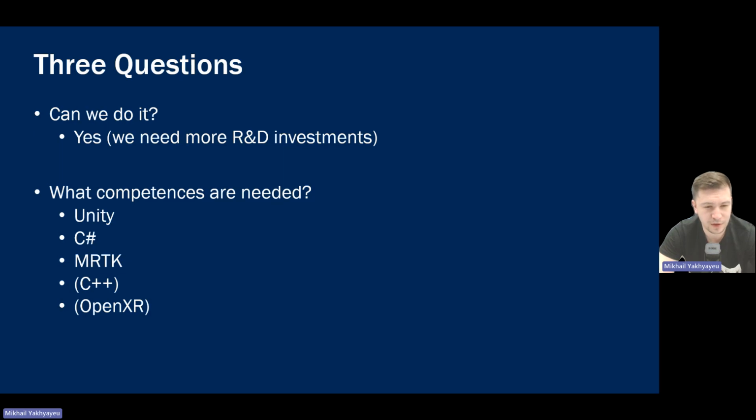But I have also mentioned C++ and OpenXR as those are the underlying technologies. And if you want to understand and control the application flow or the build, or to control basically all the features that are available, you have to understand C++, OpenXR, and this level of work of the applications.